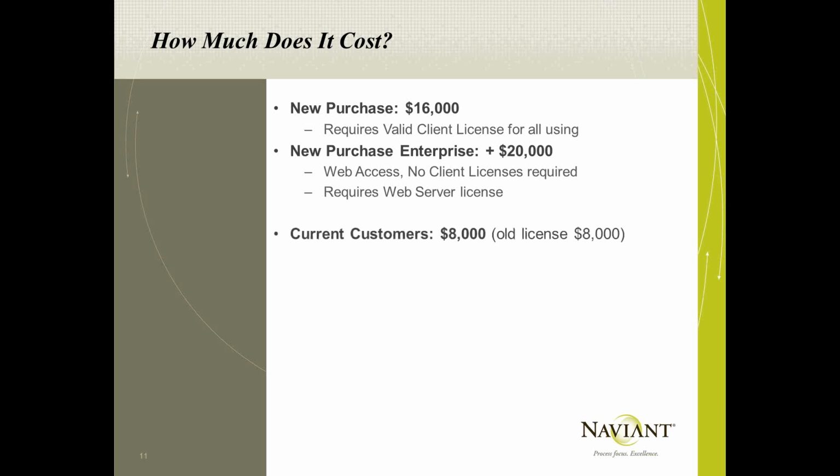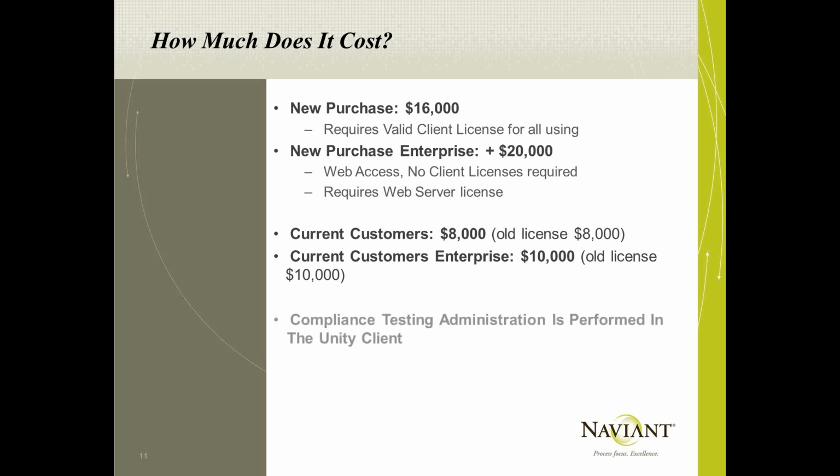If you already have DKT, they changed things significantly. Your initial investment was $8,000 for just the base DKT piece, so it's an upgrade of $8,000 to get the compliance component to it. And again, for the enterprise component, if you already have the enterprise, that would cost you $10,000 initially. So that'll be another $10,000 delta to bring you up to speed.